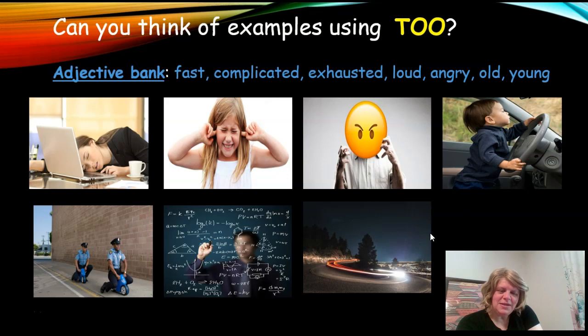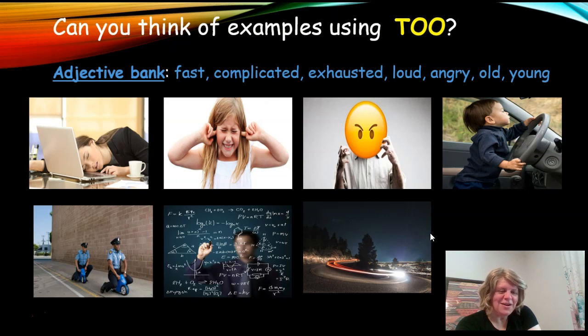Let's try to make sentences for the next pictures. What can we say about the police officers? You are right. The correct adjective is old, and we can say they are too old to ride children's bikes. What about the next picture? It shows a math problem and someone who has done a lot of work to solve it. So what would be the correct adjective to use here with too?